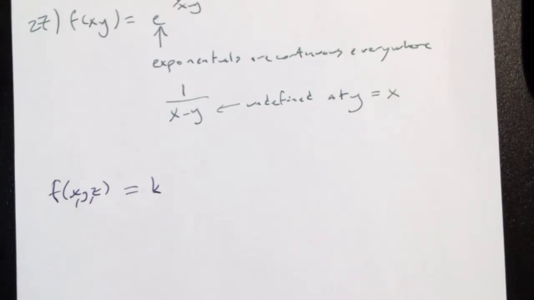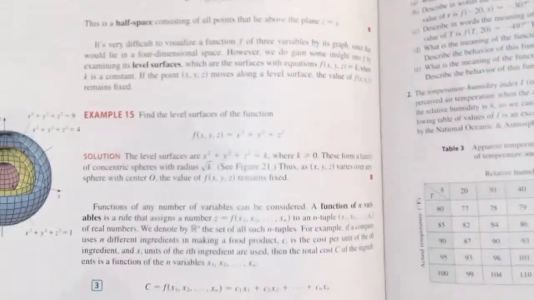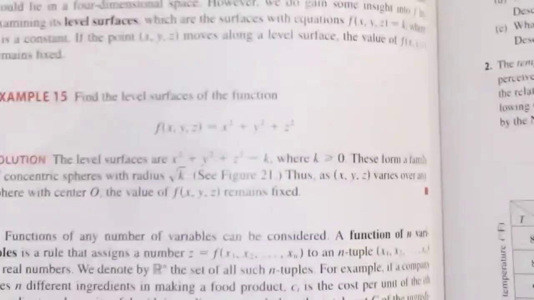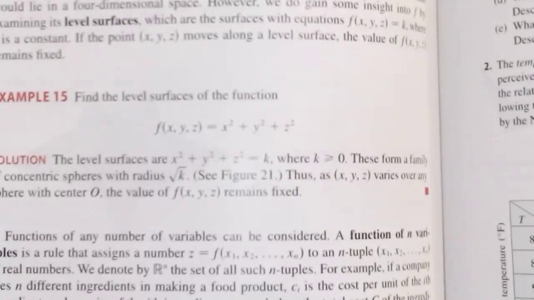Take a look back on page 898. We have this function of 3 variables, x squared plus y squared plus z squared. If I set that equal to a number, what shape do I get?